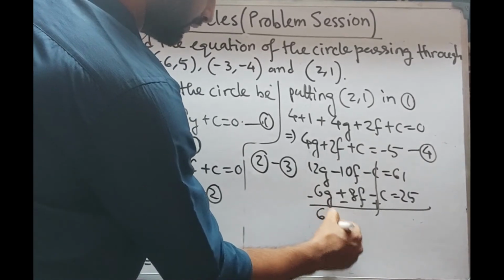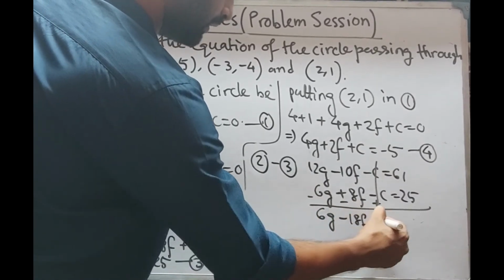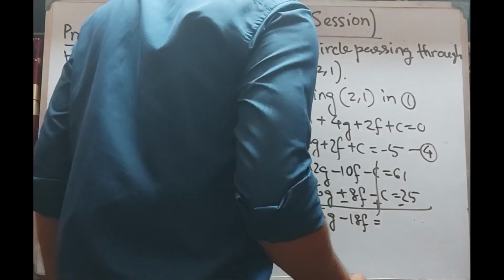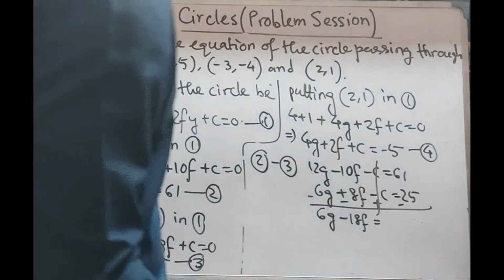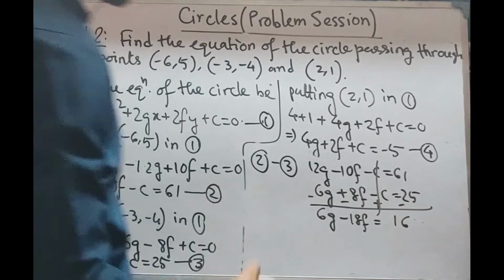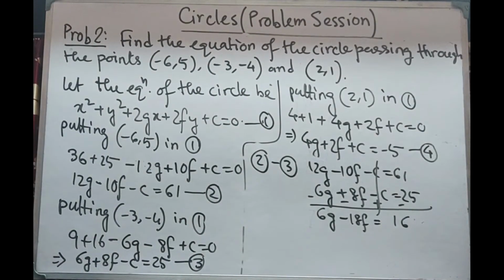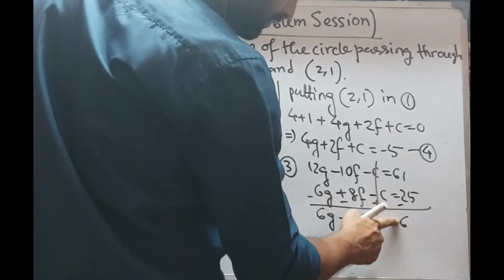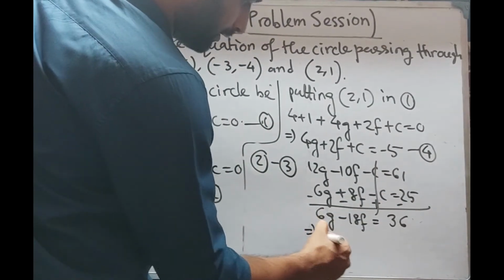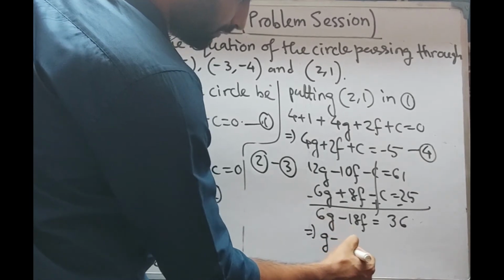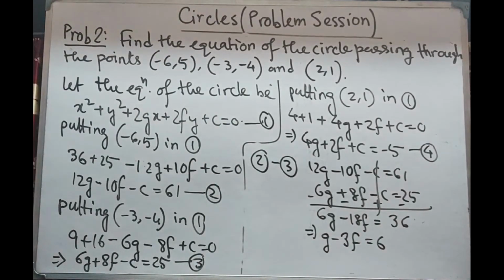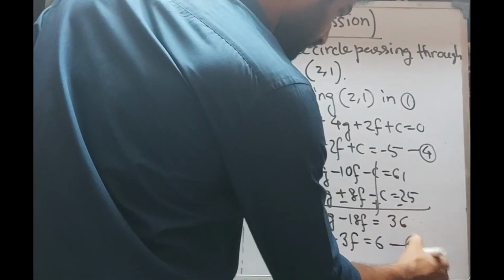You can say it is 6g minus 18f is equal to, sorry, 36. So basically you can simplify this: g minus 3f is equal to 6. So this is actually our fifth equation.